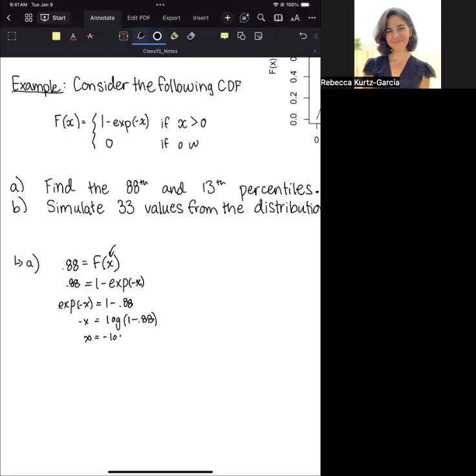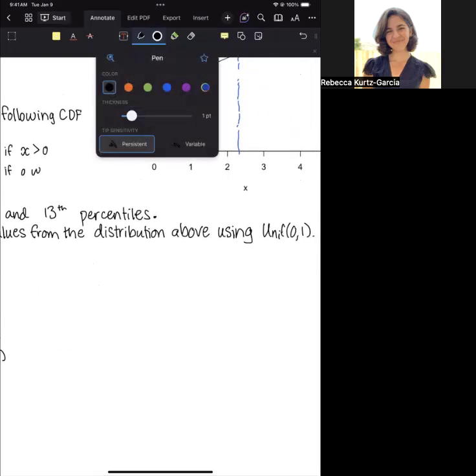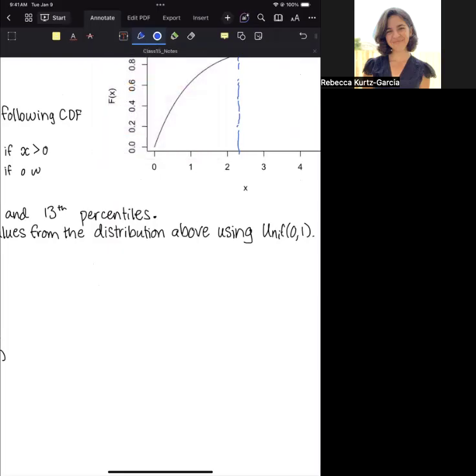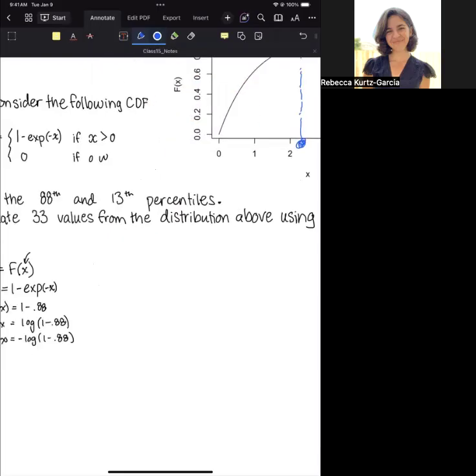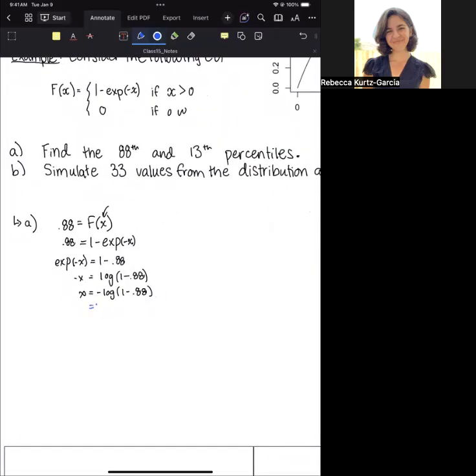So this value is going to correspond to the 88th percentile. It's going to be this value right here. I did that on the calculator already, and I got 2.1202.